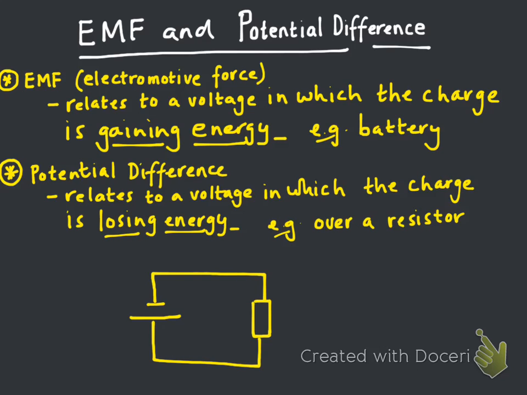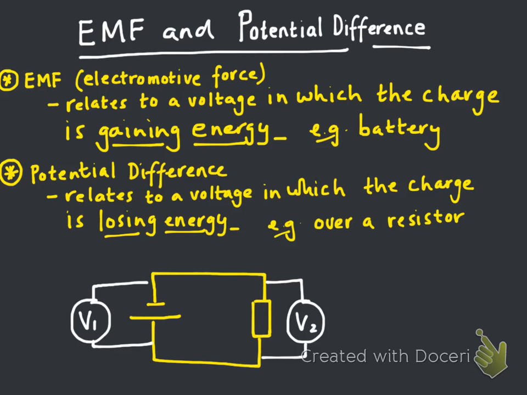So if we look at a very simple circuit that has a cell and a resistor in it, and we look at the voltage V1 over the cell and V2 over the resistor, then V1 would define the EMF, and V2 would be the potential difference.